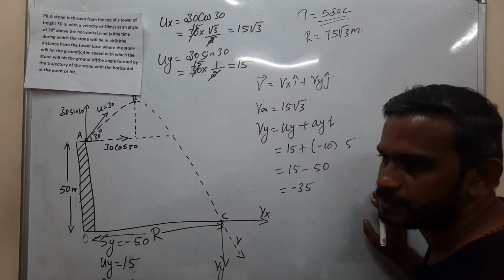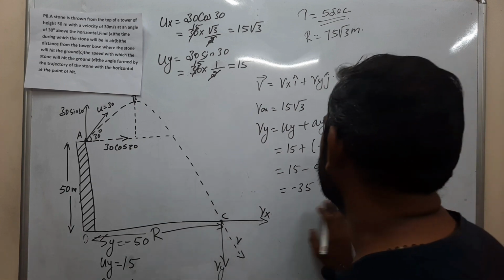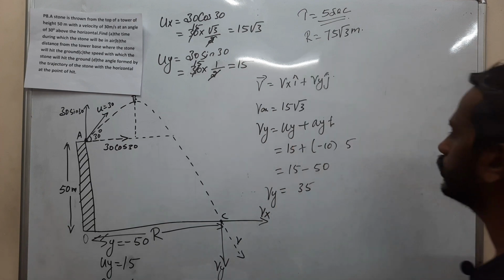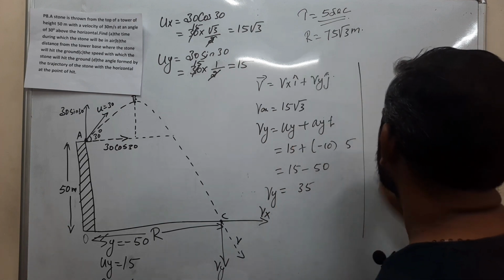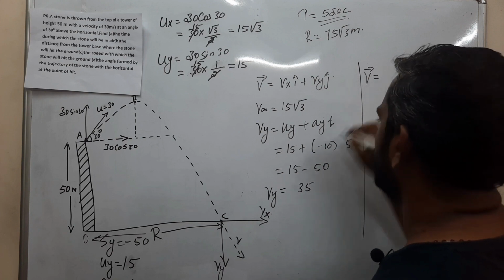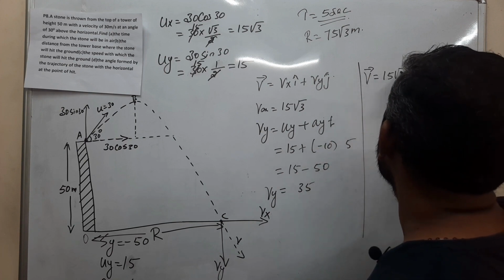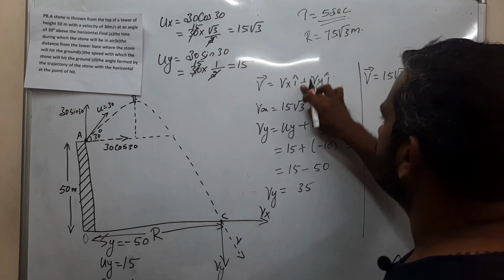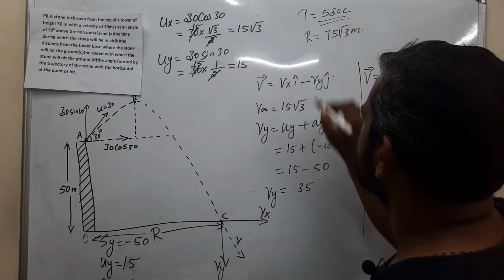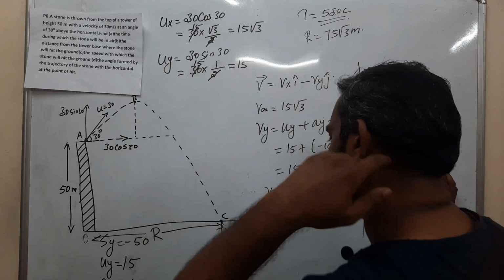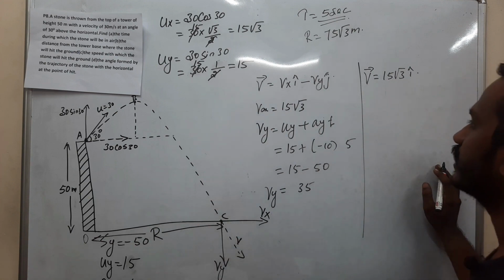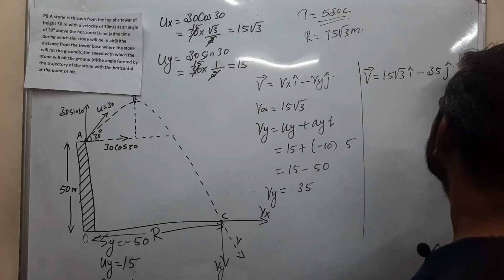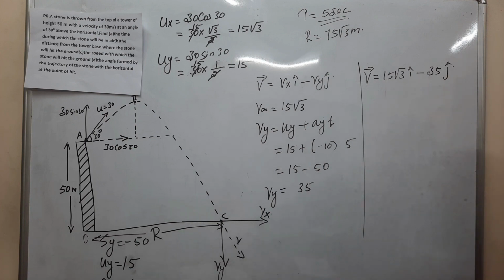So we take only the magnitude, vy is equal to 35. Therefore the v vector is equal to 15 root 3 i cap minus 35 j cap, because j vector is in the positive y direction and this is negative y direction. Clear?